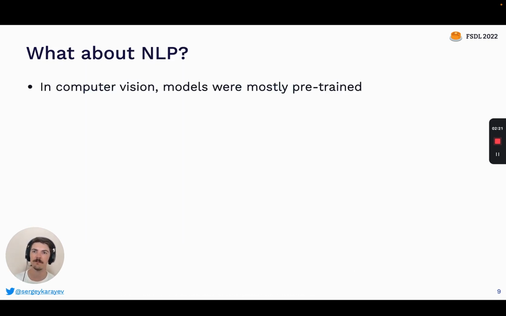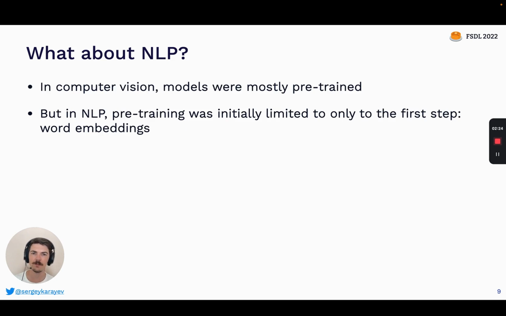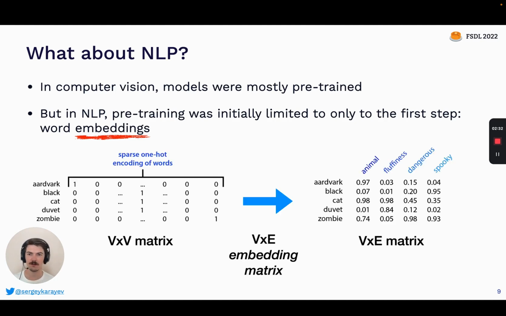But what about NLP? NLP pre-training was at first limited to just the first step, which is word embeddings. And I want to talk about embeddings a tiny bit. So the input to a language model is words. The words form a vocabulary, maybe 30,000 or something like that. And so one way you can encode them to be a vector instead of a word is to just do one hot encoding.